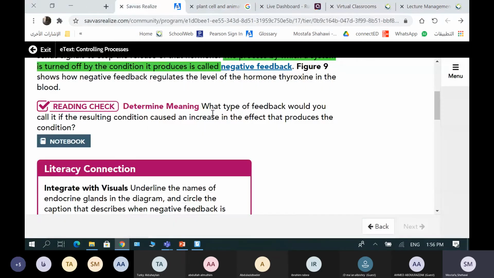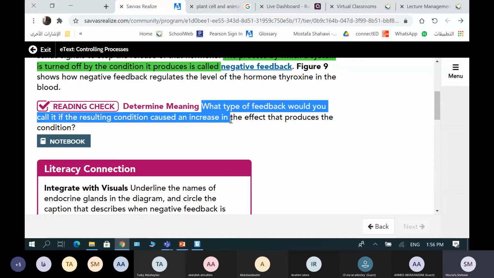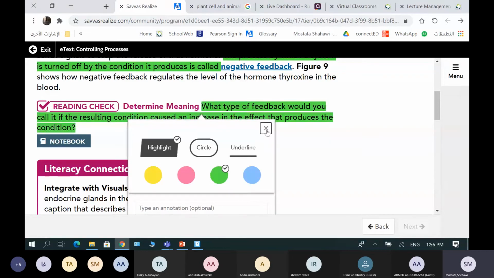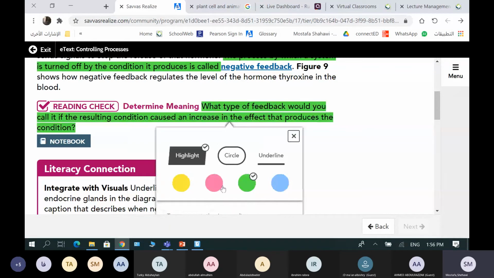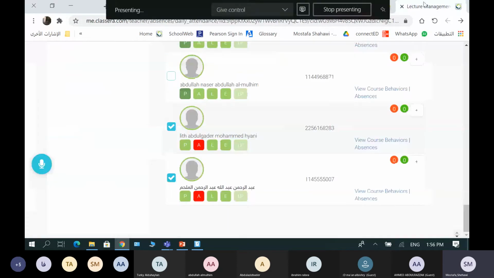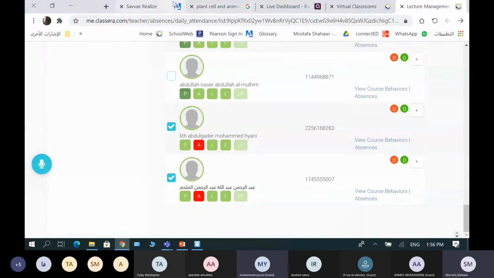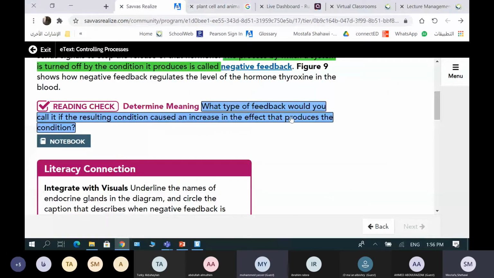Okay, read this question, Muhammad Yasser. What type of feedback would you call it if the resulting condition caused an increase in the effect that produces that condition?